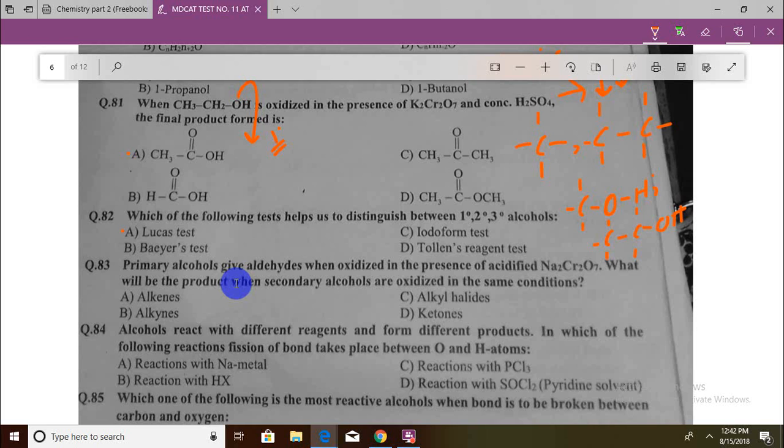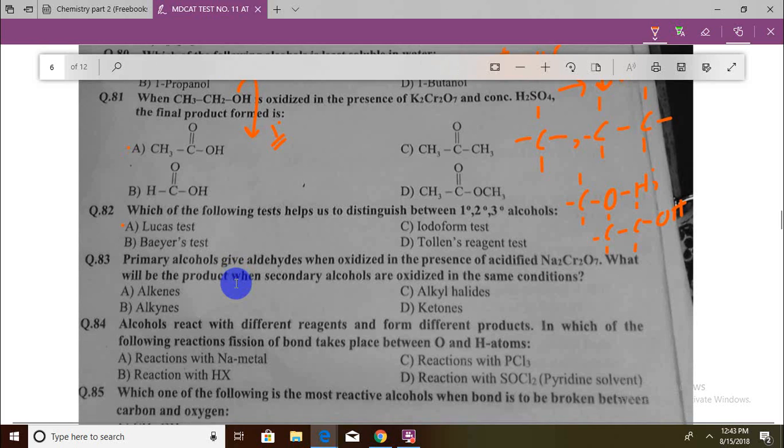Now tertiary alcohols would form an oily layer immediately. Secondary alcohol would take about 5 to 10 minutes, and primary will only form a layer on heating. So this is the Lucas test.